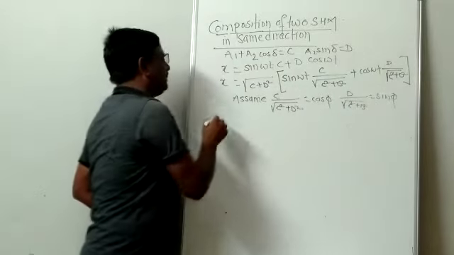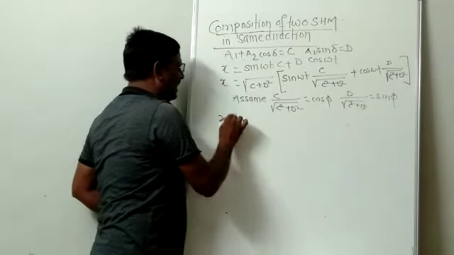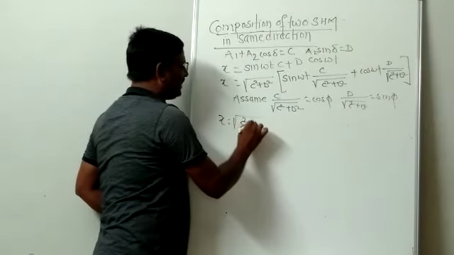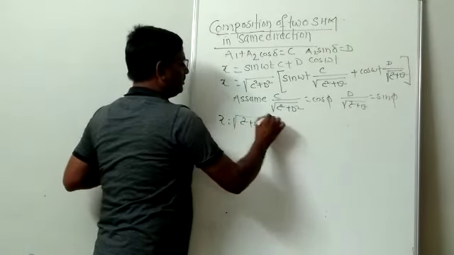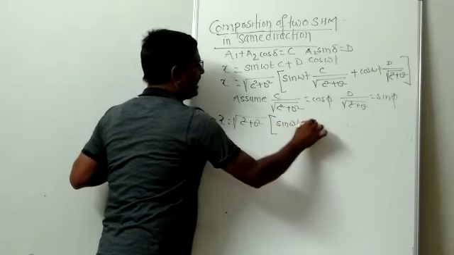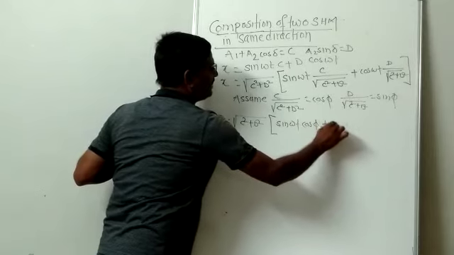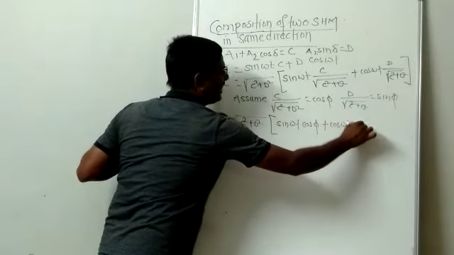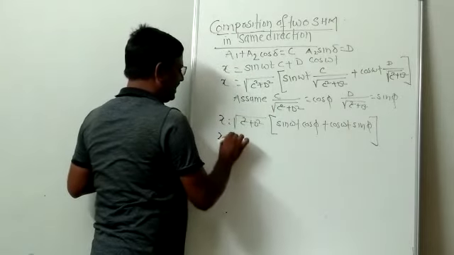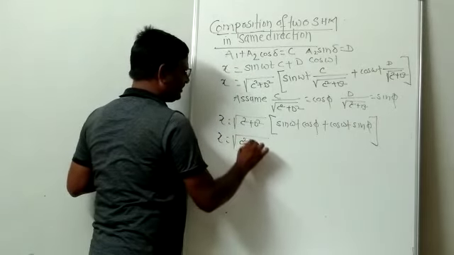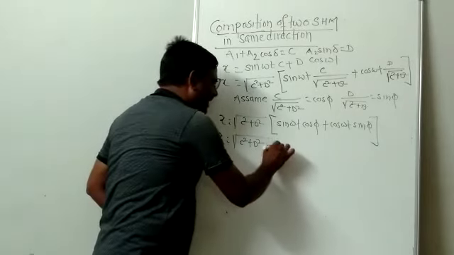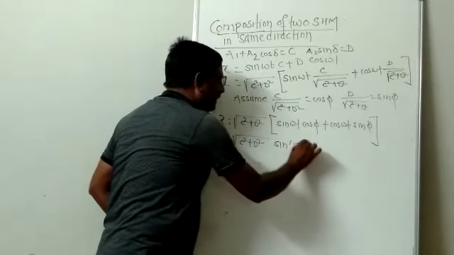The equation becomes x is equal to under root C square plus D square, sin omega t cos phi plus cos omega t sin phi. This is the expansion of sin omega t plus phi.